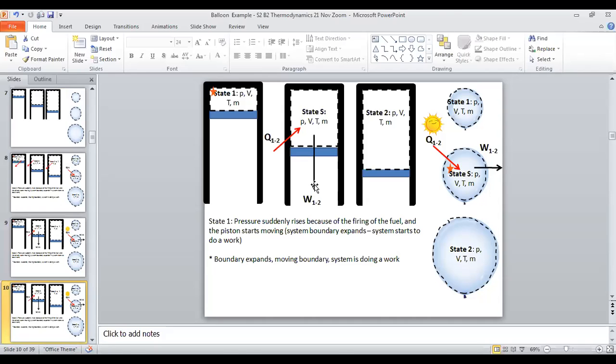Because the standard way is W12, I draw like this. Standard. Receiving by the system.